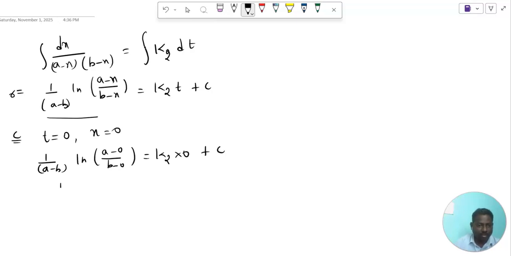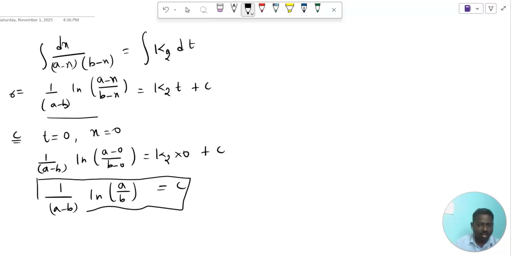So 1 by (a minus b) remains, and ln a by b will be c. So c is equal to 1 by (a minus b) ln a by b.